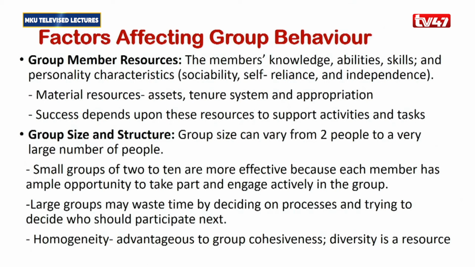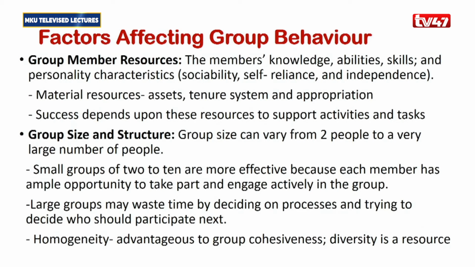Then group behavior is also affected by group size and group structure. How big a group is and who makes up that group. Small groups of 2 or 10 are more effective because each member has ample opportunity to take part and engage actively in the group.